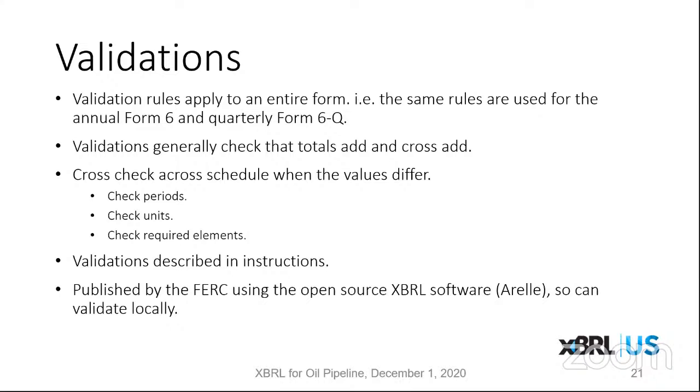Over time the validation rules could change, but generally they'll change at the same time the taxonomy is changed. If a new taxonomy is released, then the validation rules will probably be updated as well. But the software should be able to handle that. So no matter what, you should always be running the validation rules that are associated with a given taxonomy.